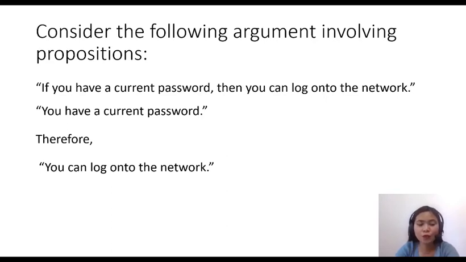So the first two sentences, we call this premise or premises. An argument can have two or more premises. And then the last sentence after the word therefore is called the conclusion. Okay, now let's proceed.